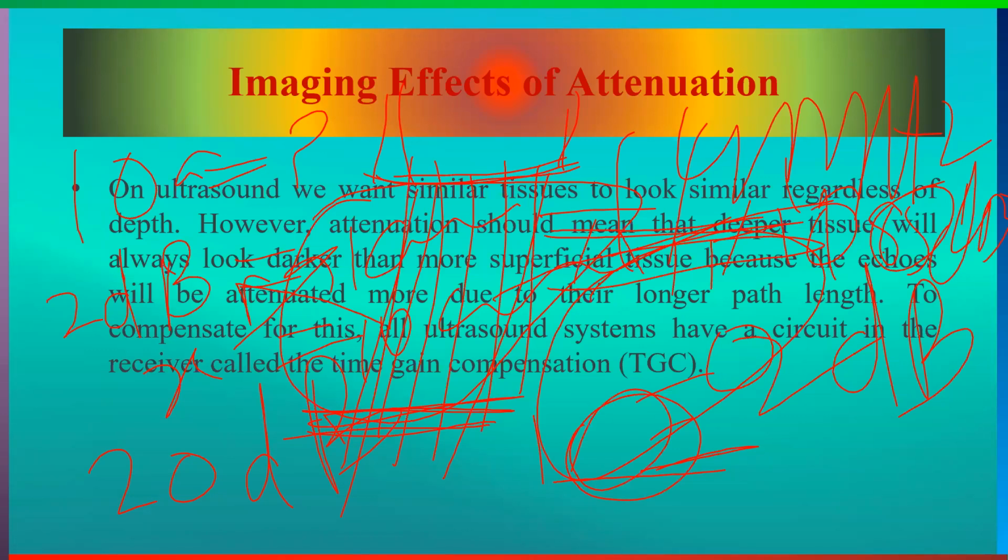Of course, the brightness of the image on the ultrasound screen depends upon the returning amplitude or echo amplitude. If the echo amplitude is greater, the structure will appear brighter, and if the echo amplitude is weaker, then the structure will appear darker. So there will be a very great difference between the superficial and the deep part of the liver.